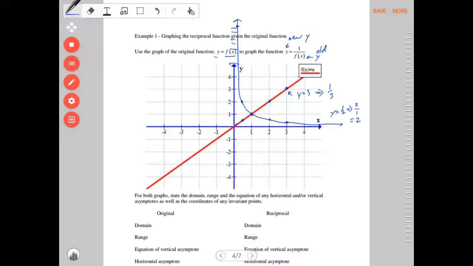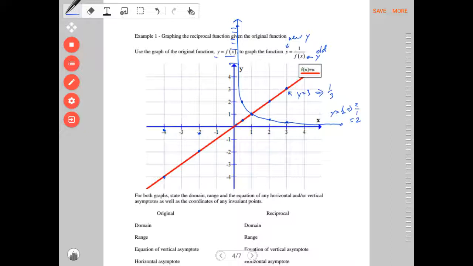Now if we do the same kind of thing on the negative side, we're taking the y-coordinates. Over here, the y-coordinate is -4. 1 divided by -4 is -1/4. That's kind of like there. Now this one, the y-coordinate is -2, so 1 divided by -2 is -1/2.